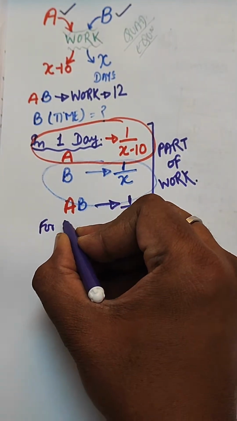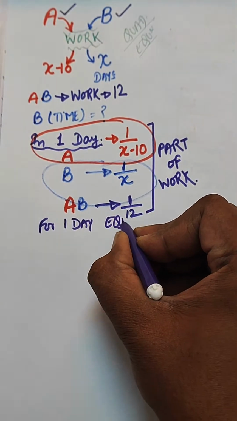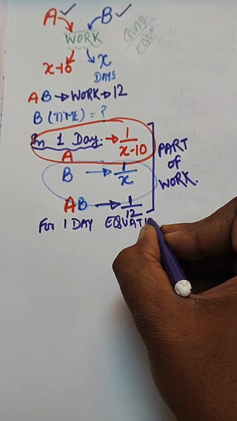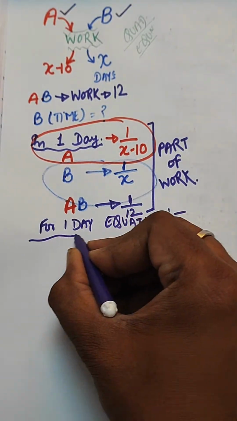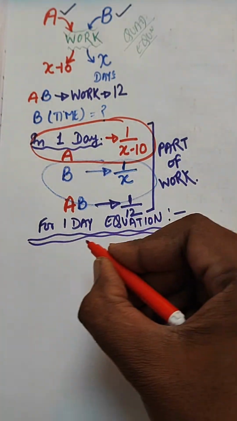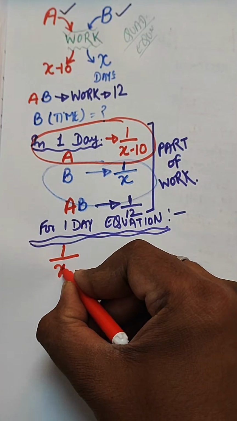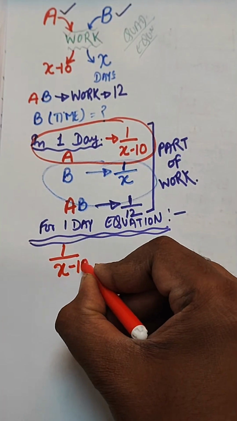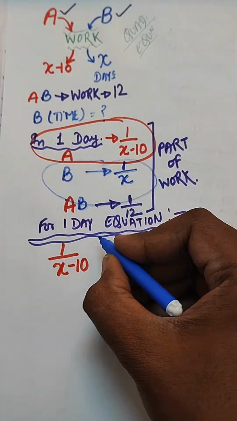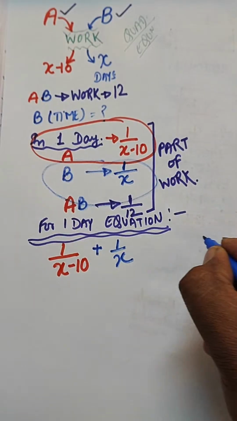For one day, the equation will be like this: the part of A's one day work is 1 by x minus 10. The part of B's one day work is 1 by x, right?